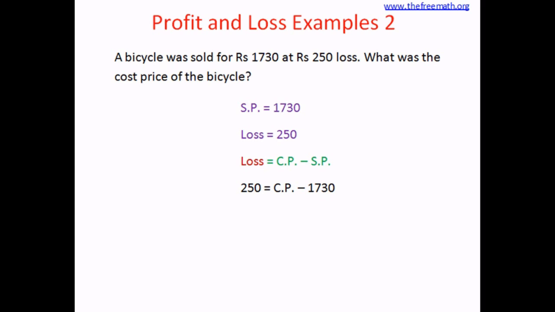You will figure out that CP equals 250 plus 1730. The addition is very simple. 1700 plus 200 is 1900, and 50 plus 30 equals 80. So the answer is 1980. That means the cost price is 1980 rupees.